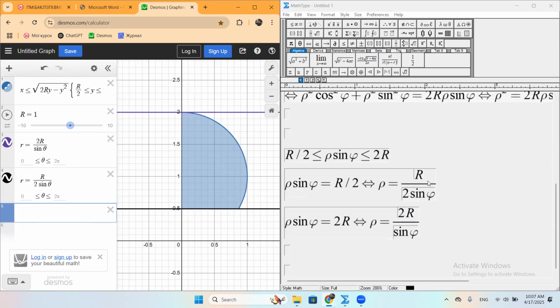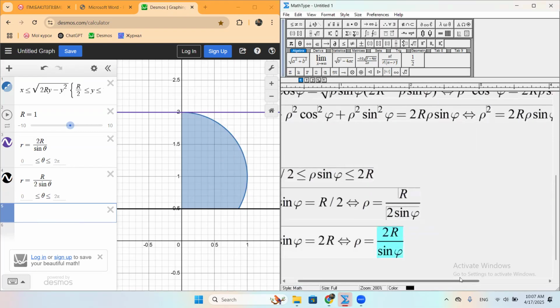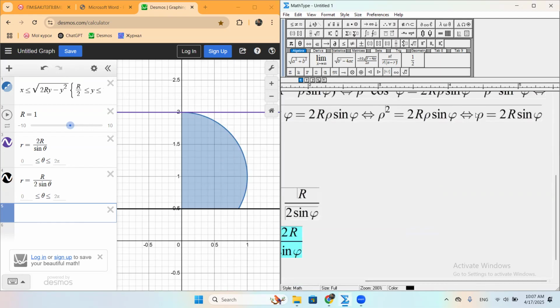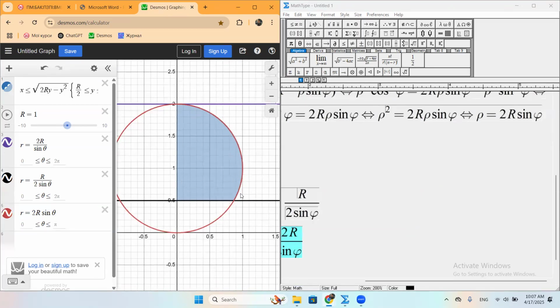And then what about ρ equals 2r sine of φ?